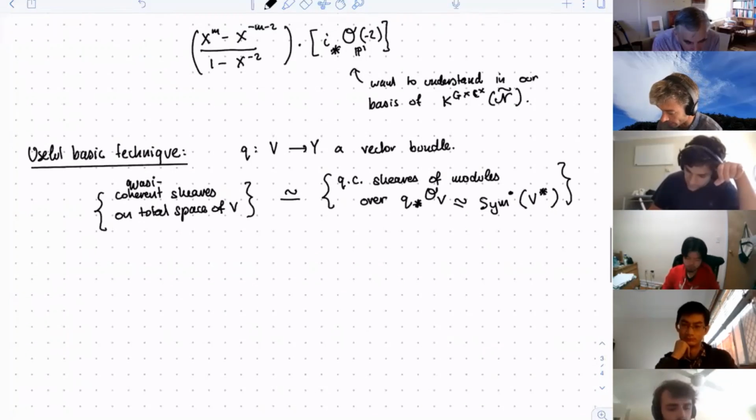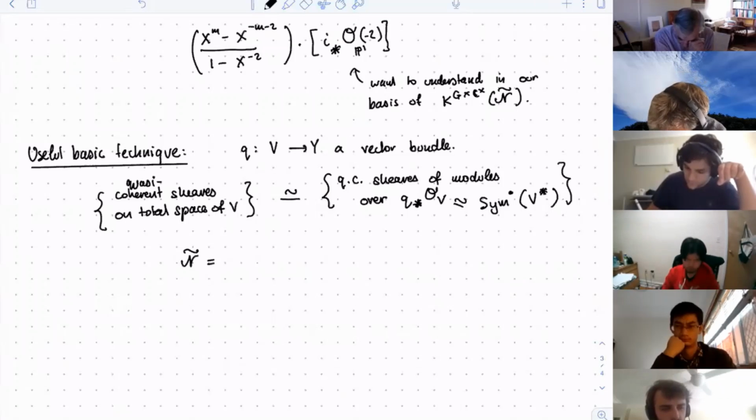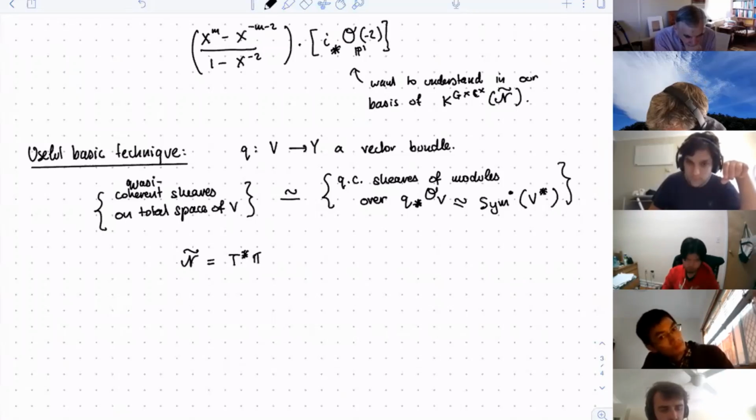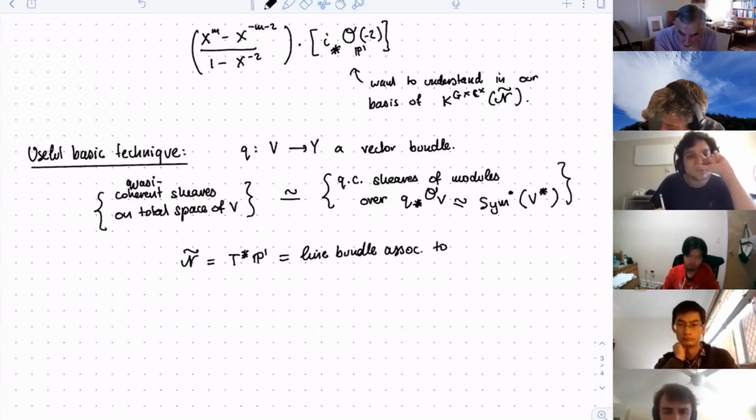So that's our useful basic technique. So in our setting, remember that n tilde is the cotangent bundle of P1, the line bundle associated to O of minus 2.